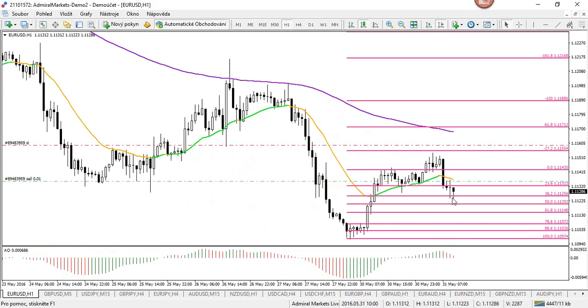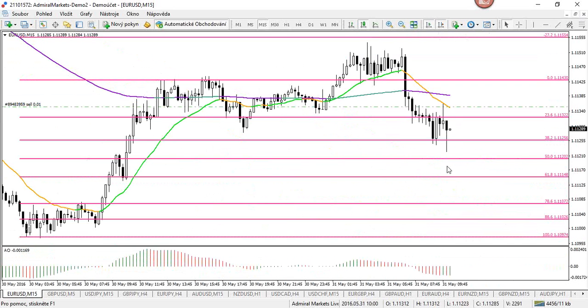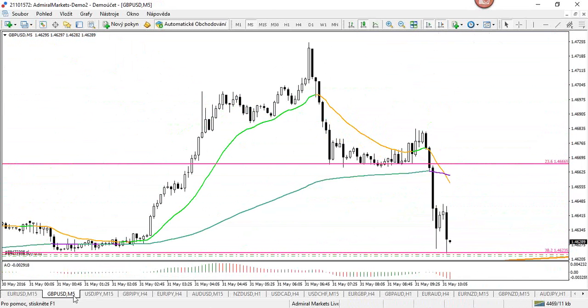The dollar has a doji, but seems to be continuing lower as well for the moment. We've got a new lower low. So let's see. Time will tell how these three trades are going. Pound looks to be out very soon.